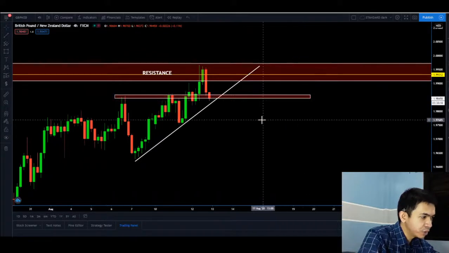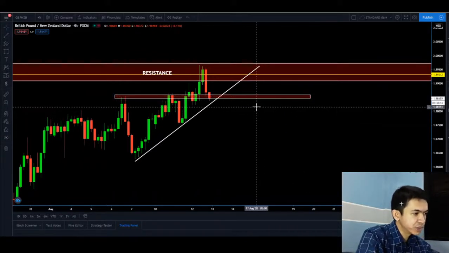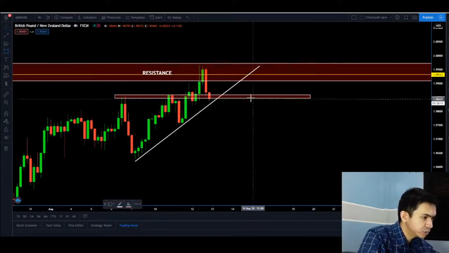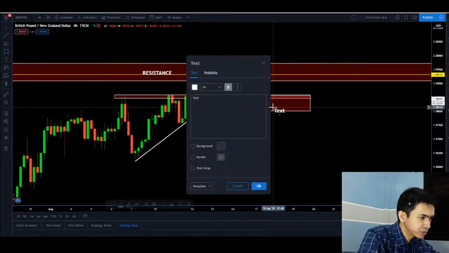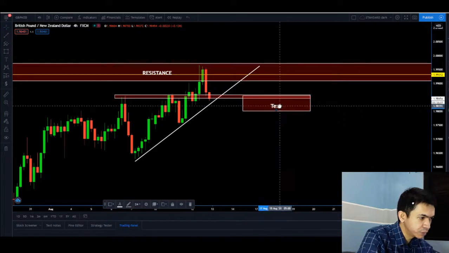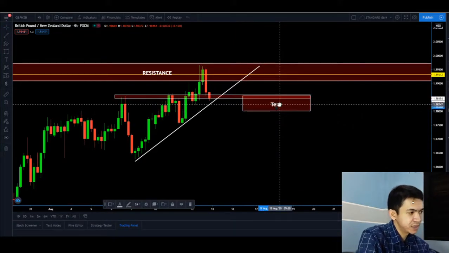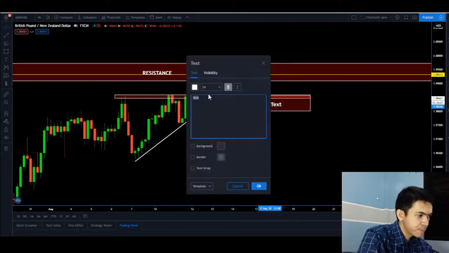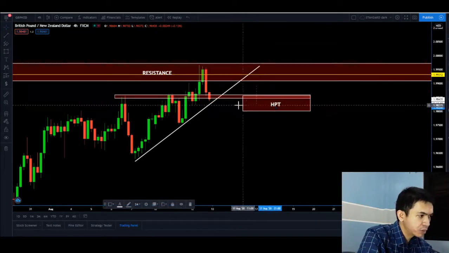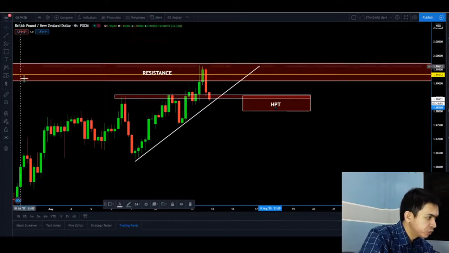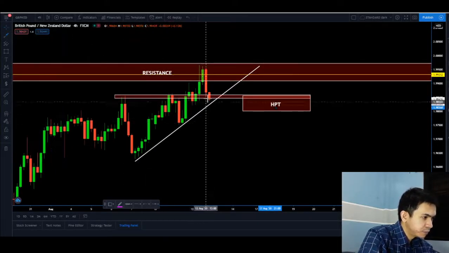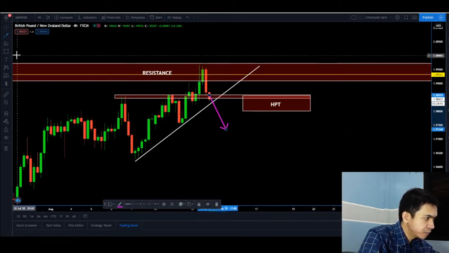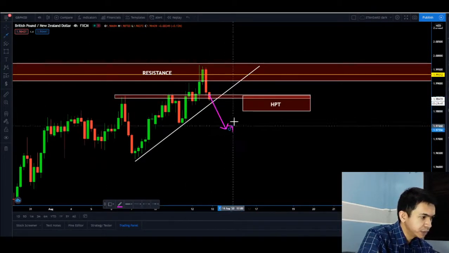If I'm going to enter a high probability trade area, I'm going to mark this as my high probability trade area or zone. So if I'm going to place a short trade HPT, this is my high probability trade area or zone. I would want the market to break this counter trend line and return to my high probability trade area zone.